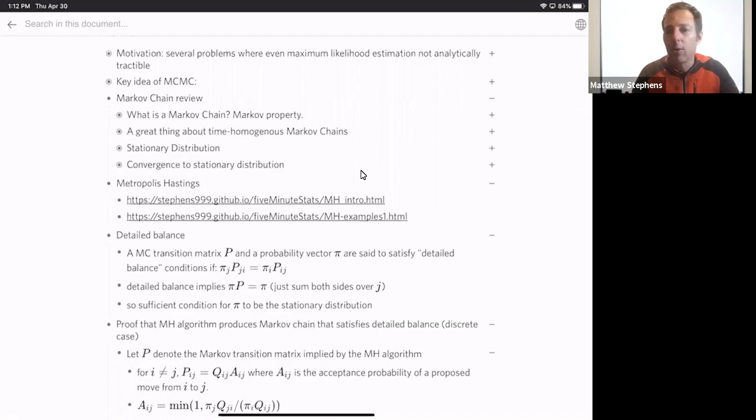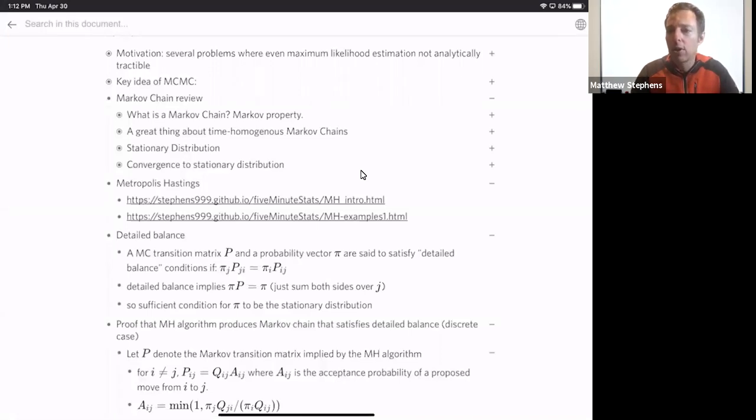It has to be able to get all around the space eventually. That Q kernel is called the proposal kernel, for reasons that we'll find in a minute, and usually it's pretty simple.